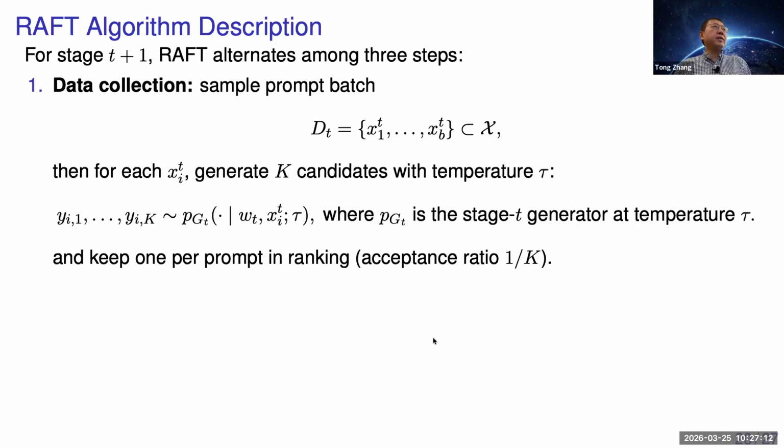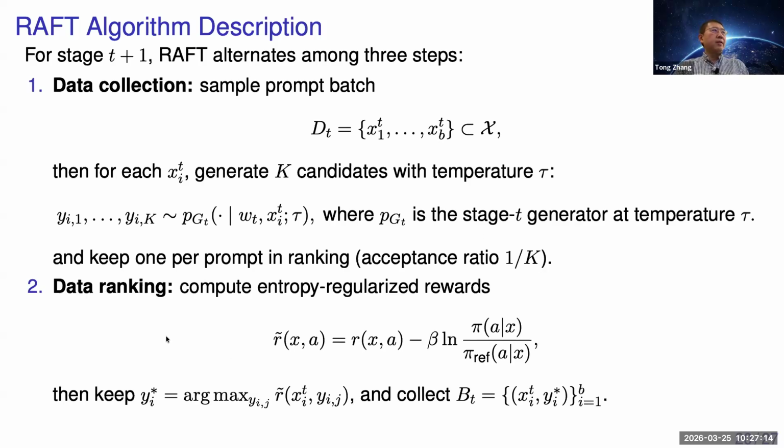Then the data ranking is computed with this. I will change from Y to A, since Y is in the paper. When I copied that, I forgot about our terminology. So A_i.